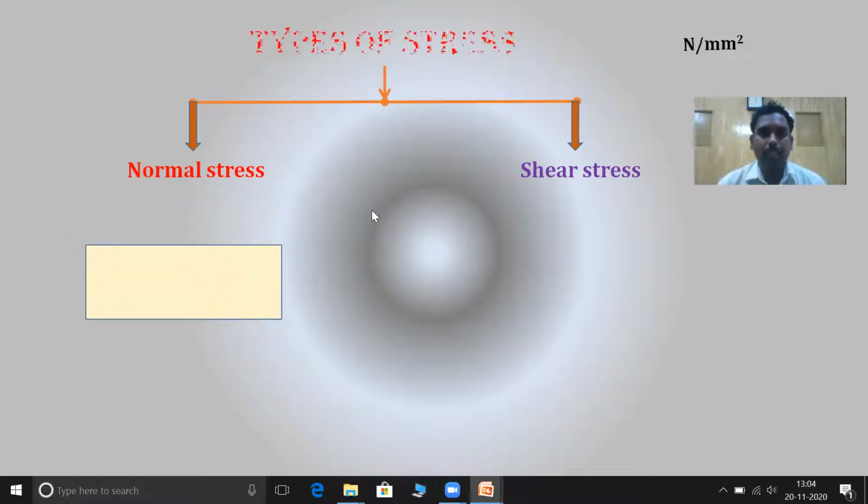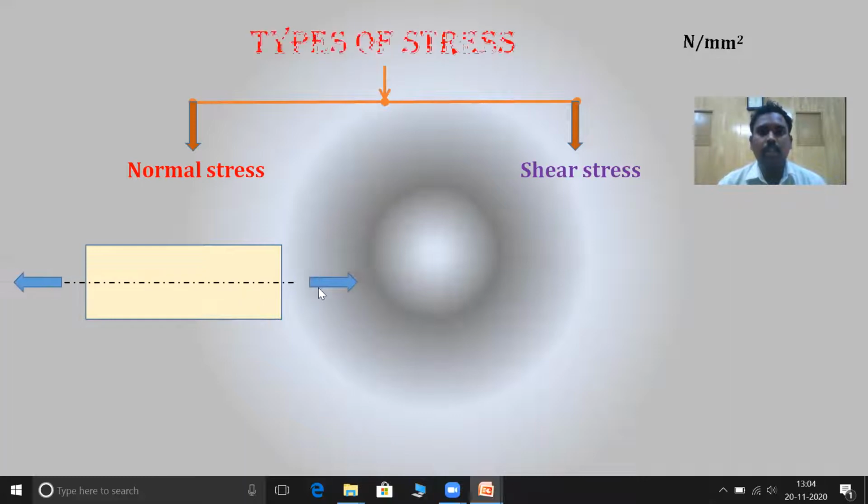First, let us take an example, a rectangular bar. Let's find the axis for that rectangular bar. Now let us apply the load on both the sides. In this case, I am applying the tensile load, where the two forces are acting away from the object.